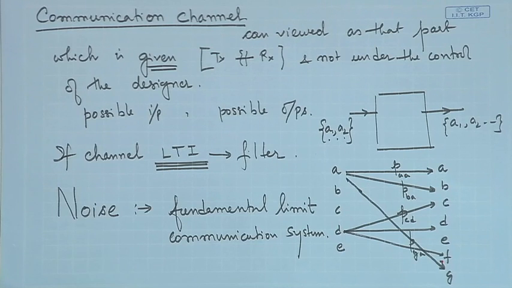Again, it was Shannon who identified this, and he formulated and gave us precise definitions by which we could find the maximum bits per second per hertz that could be sent across given a certain amount of transmit power and a certain noise power in the system, irrespective of what you can do. So, that gives the upper limit. He almost established that noise is a fundamental entity which limits the maximum extent that we can achieve for a particular communication system.